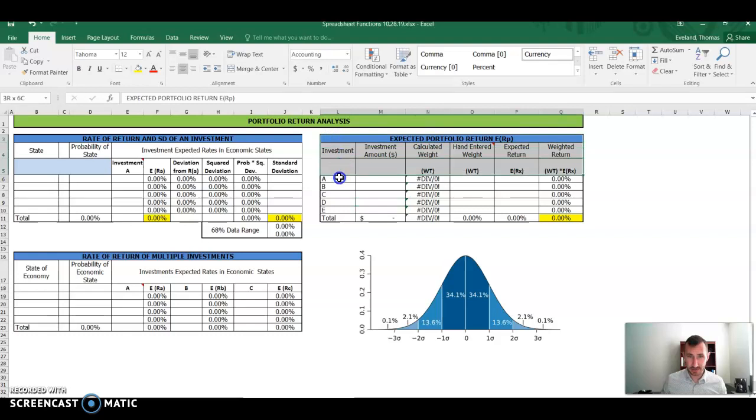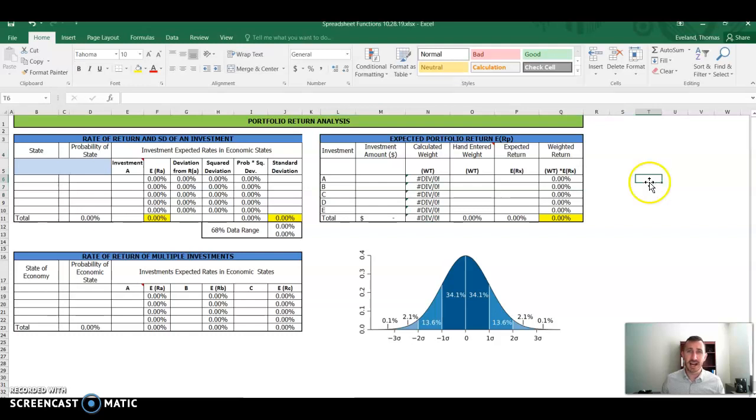So we're going to use this box in our spreadsheet, and it's going to do a lot of the math for us. It allows us to hand enter some things if we need to, but I'm going to walk through one problem with you to show you how this works when we need to calculate the expected return of a portfolio. So we need a couple things. The first thing we need to know is the weight of that investment in our portfolio.